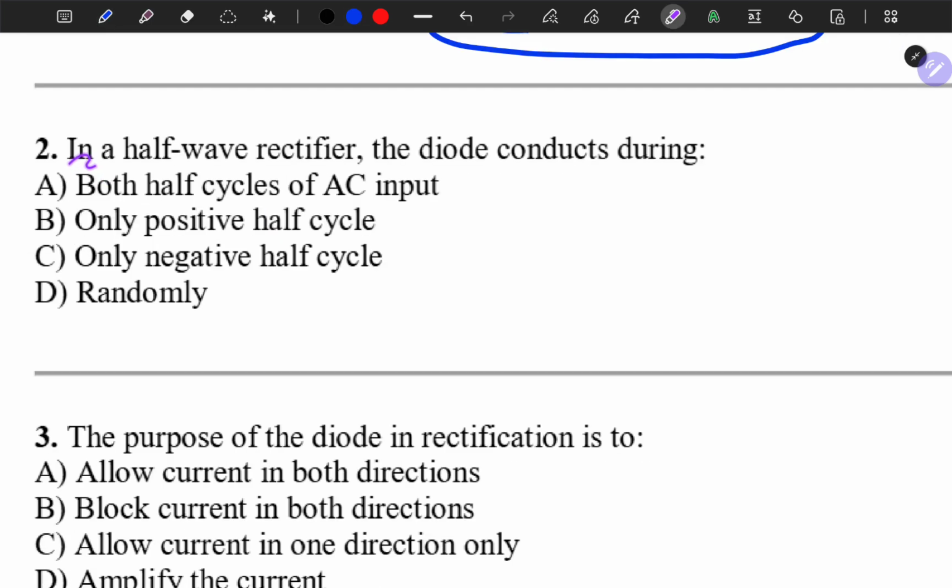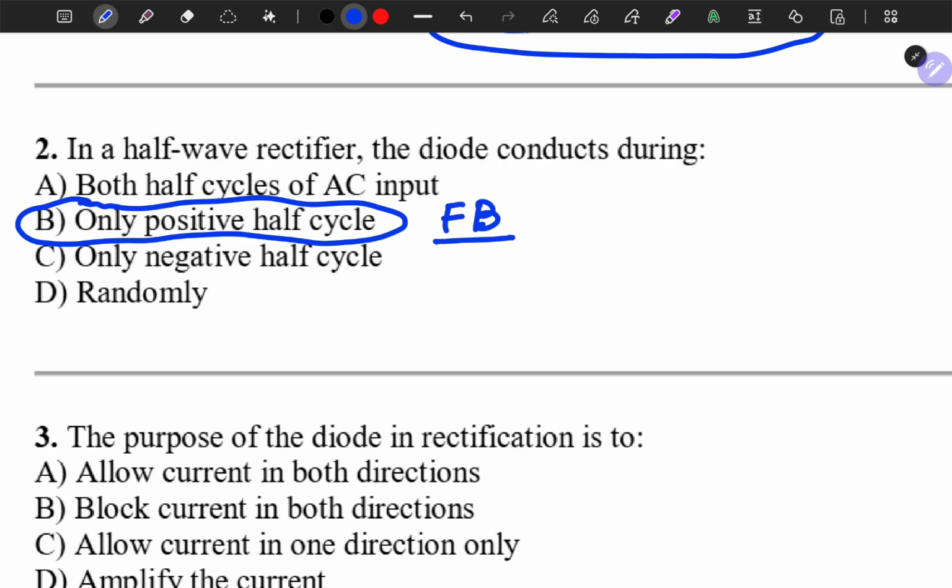The next question is that in a half wave rectifier, the diode conducts during: both half cycles of the AC input, only the positive half cycle, only the negative half cycle, or randomly. So in that case option B is the correct one, only the positive half cycle, because it makes the diode forward biased. Fine.